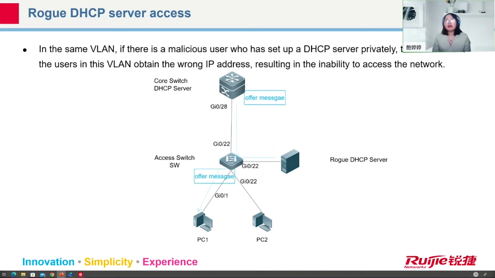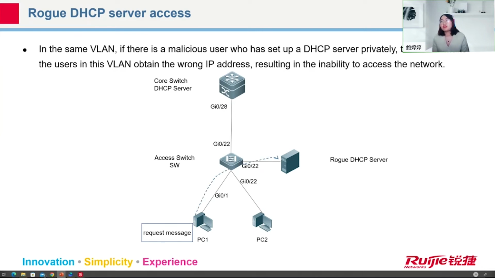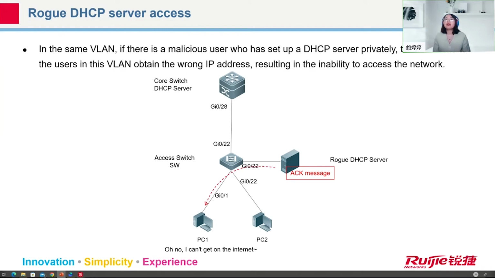So finally, it will accept the information from the illegal DHCP server, and the second one it will discard. It will choose this one. So later it will send the request, and this request message will be sent to the DHCP server, and the DHCP server will give the acknowledgement to tell you, okay, now you can use this IP address. But finally, I get an IP address, but I cannot go to the internet.